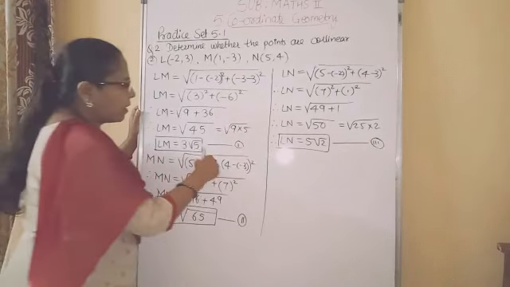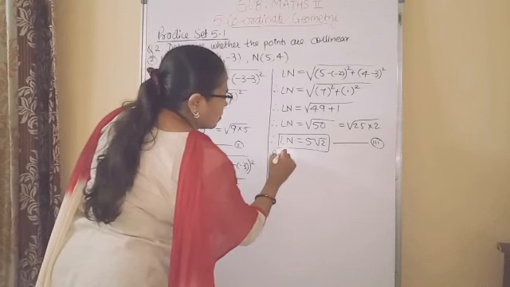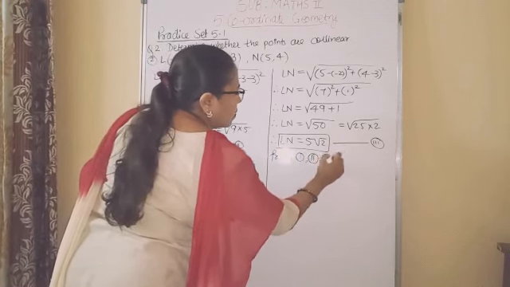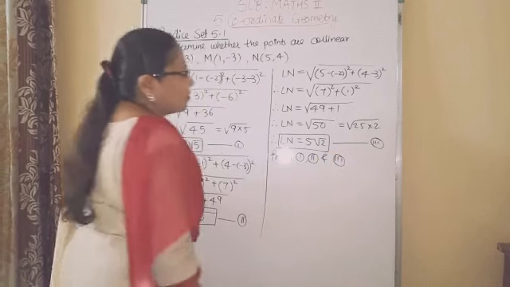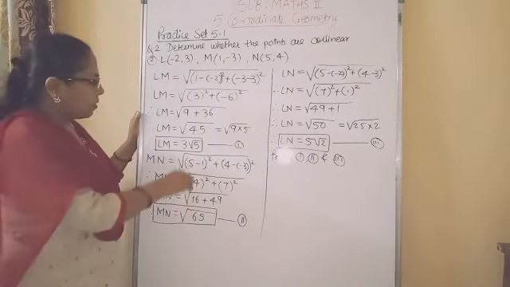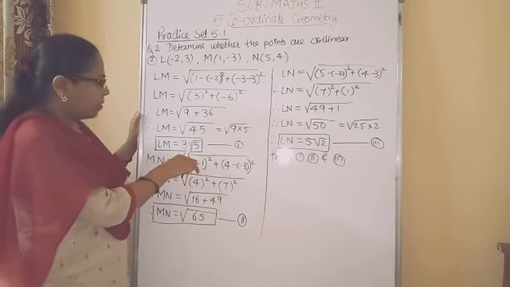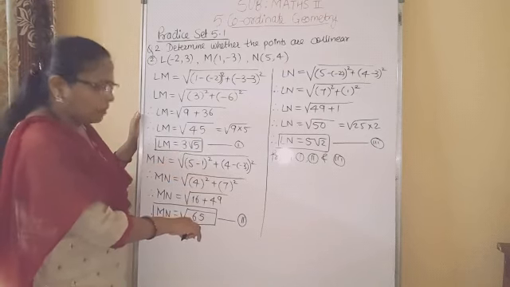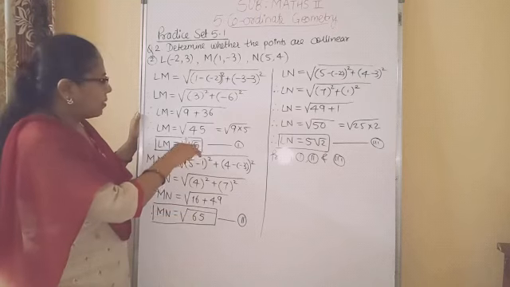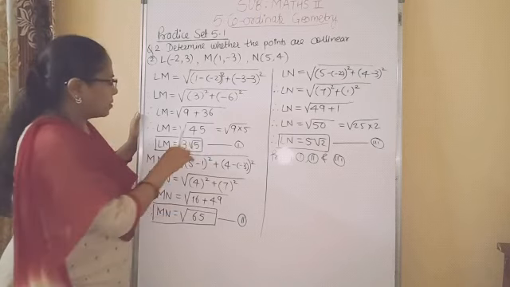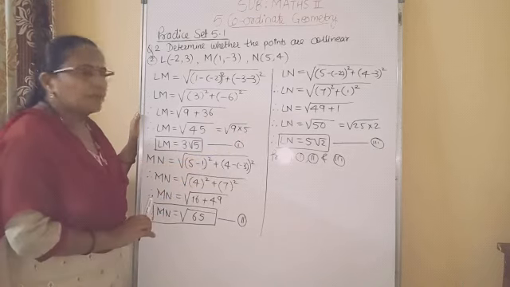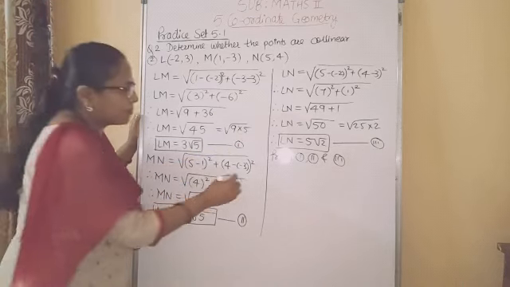Okay. Now from 1, 2 and 3, which is the greater length? Root 65. But the sum of these two numbers, 3 root 5 plus 5 root 2, is not equal to root 65.